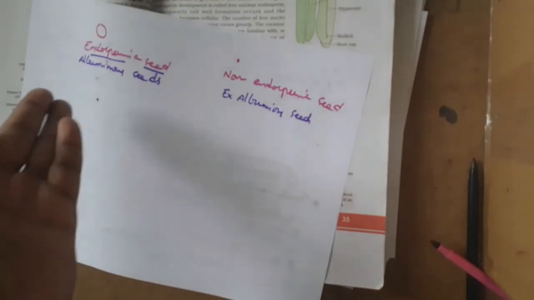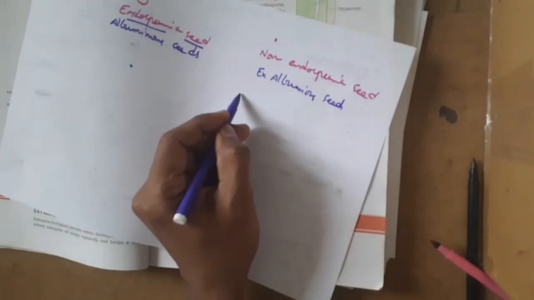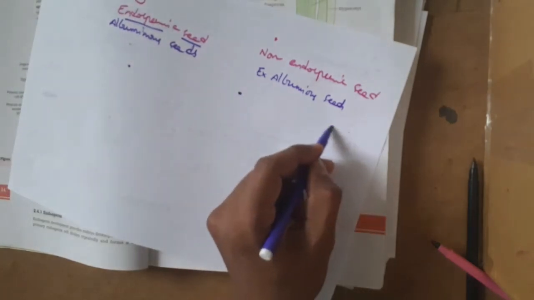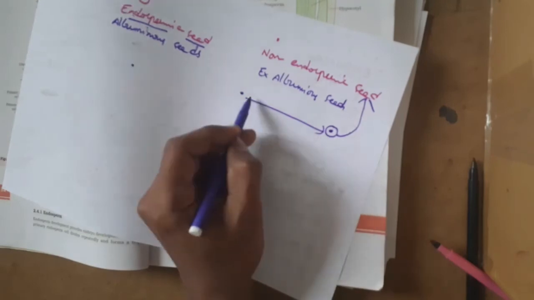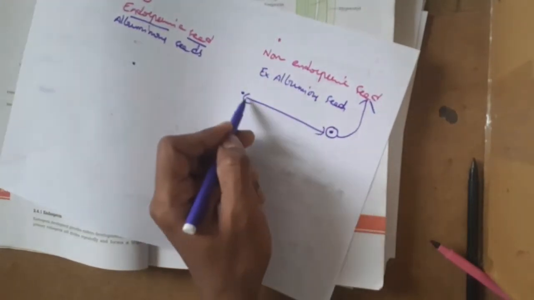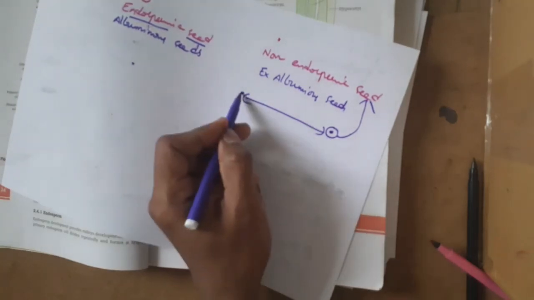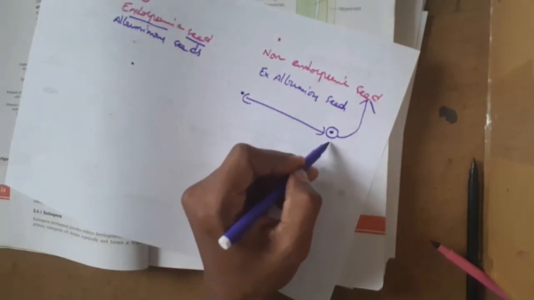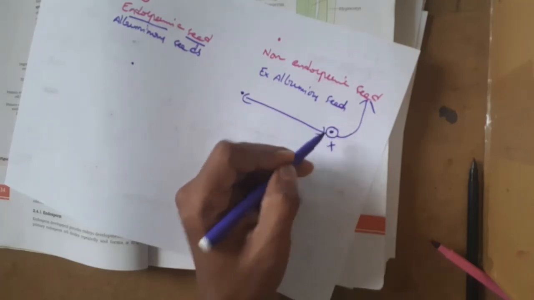In order to understand this, suppose a zygote is developing into a non-endospermic seed. During the course of embryogenesis, the whole endosperm is utilized so that the zygote develops into a seed, and the seed no longer has any endosperm present around it.